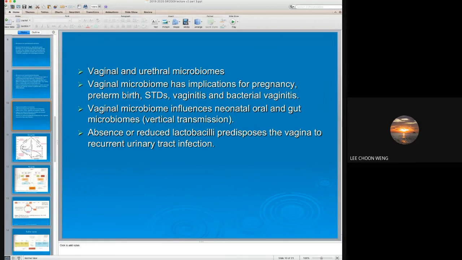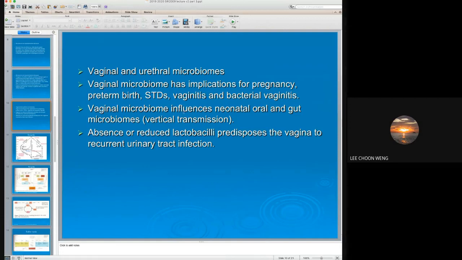So the microbiome is important because changes in the microbiome here can influence the possibility of these diseases occurring: STD, vaginitis, and bacterial vaginitis.